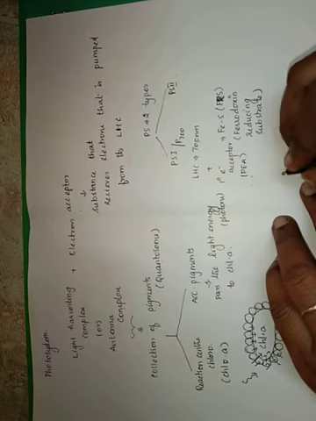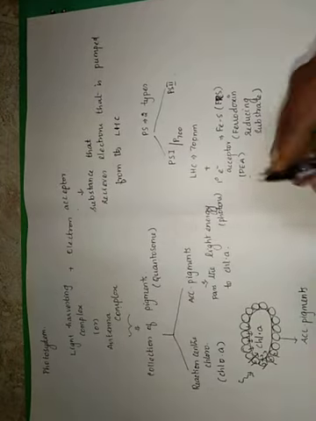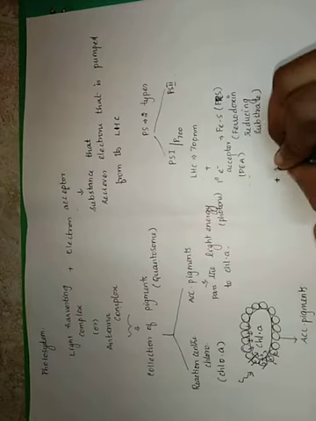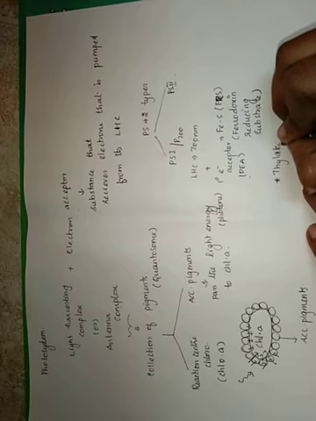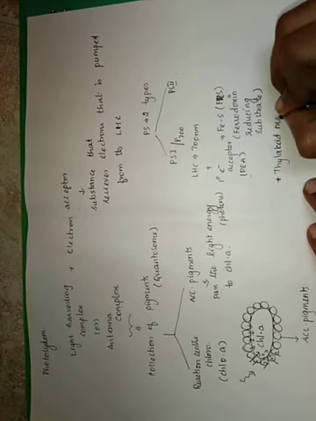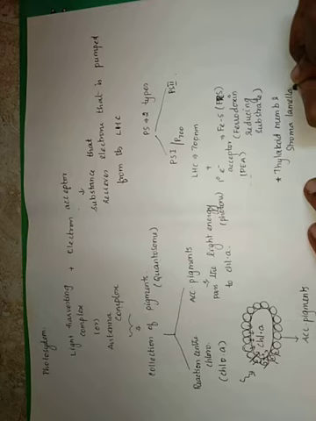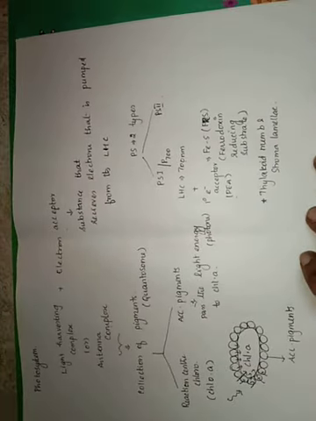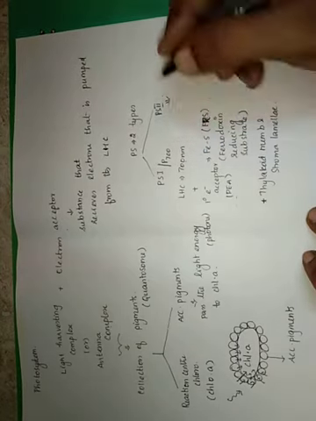இப்போ இந்த photosystem 1 எங்கே இருக்கும் அப்படின்னா, photosystem 1 will be present in thylakoid membrane and stroma lamellae. இந்த ரெண்டு இடத்துலையுமே photosystem 1 இருக்கும். Now coming to photosystem 2, we'll see other differences later on.